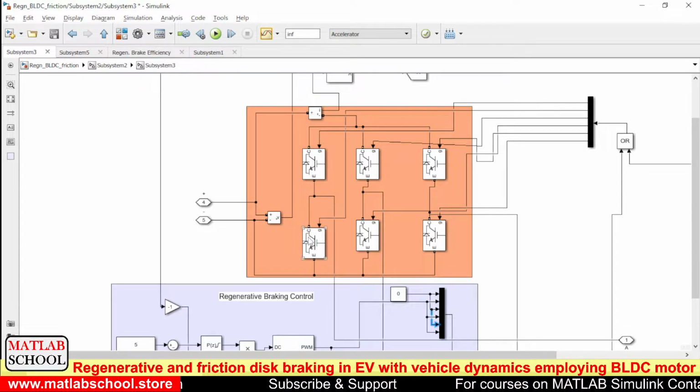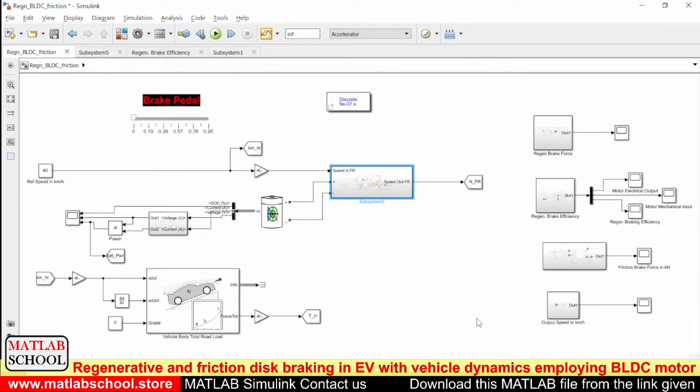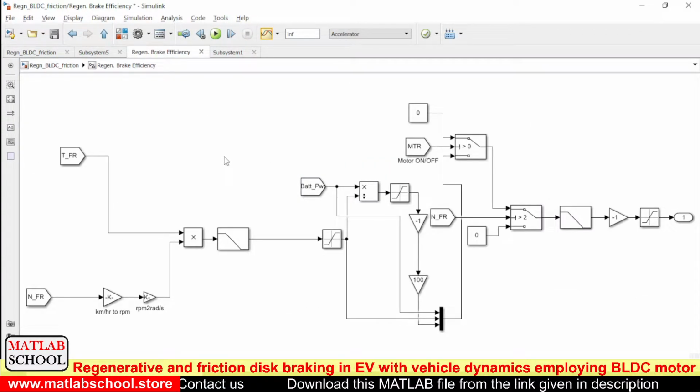That is, to the switches 2, 4 and 6 I am giving variable pulses. So that's all. And here we are calculating the efficiency of the motor during the time of regenerative braking.